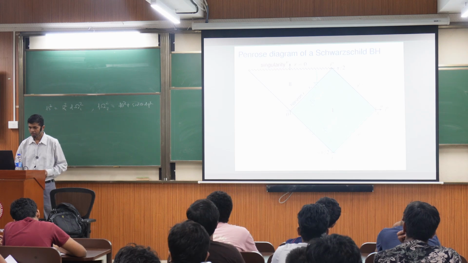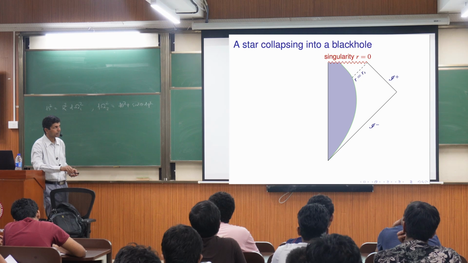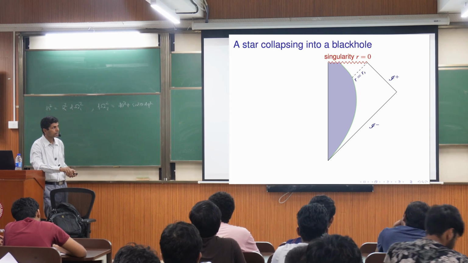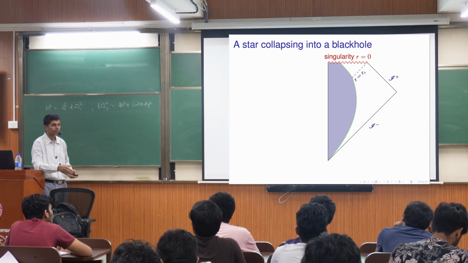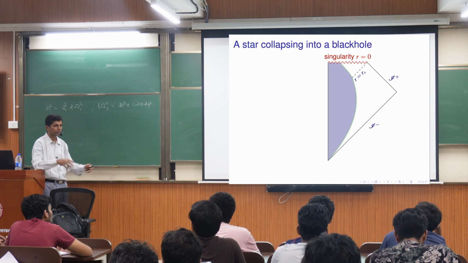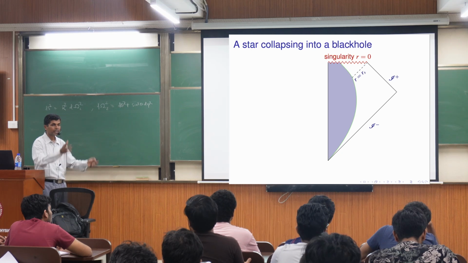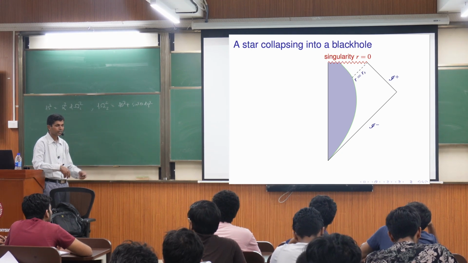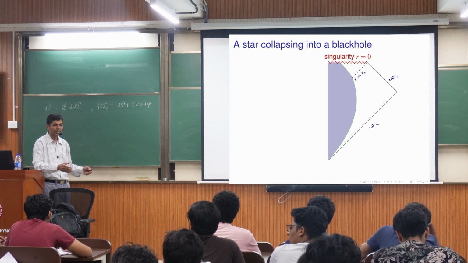Okay, and really in real life, what happens? You consider a star. Then the star burns, and then it can run out of its fuel, and then it can explode. It can contract, and then it can have a supernova explosion. Again, the core is heated up, and then you have the elements which combine to heavier elements, and again they radiate.